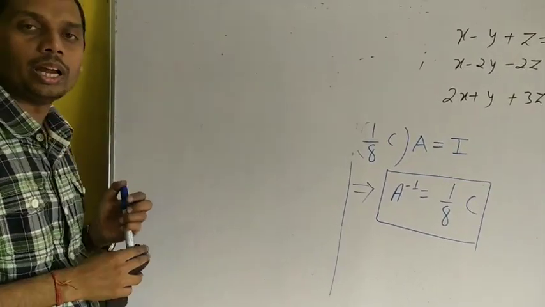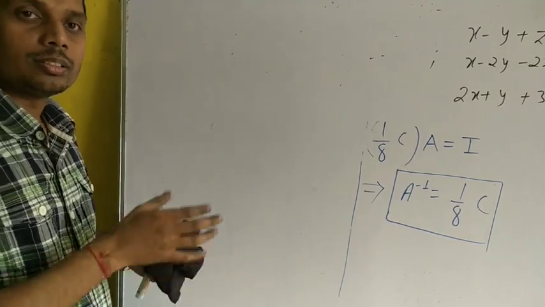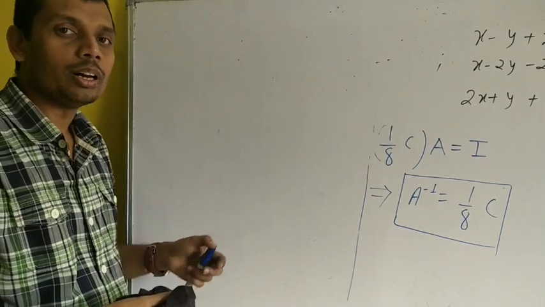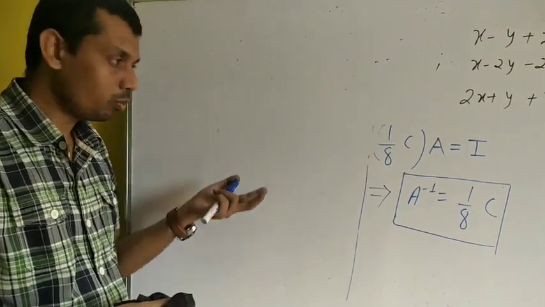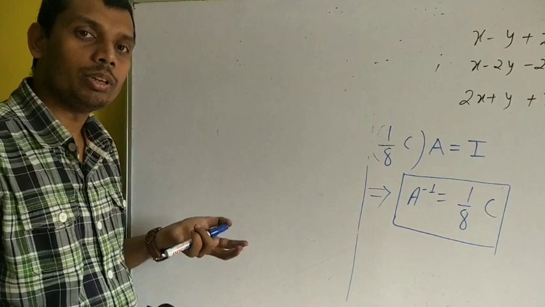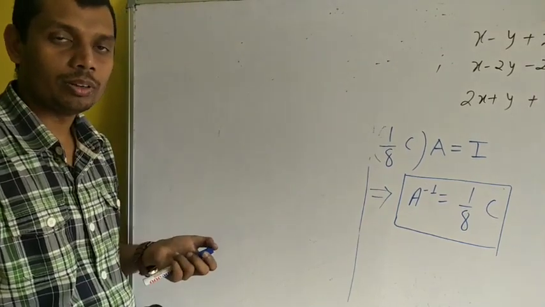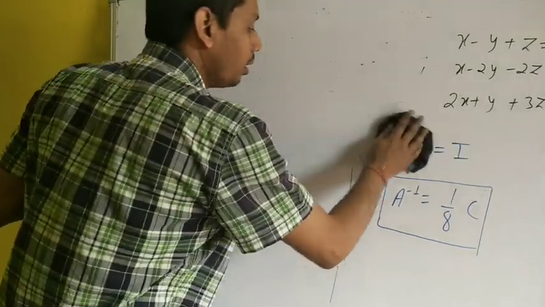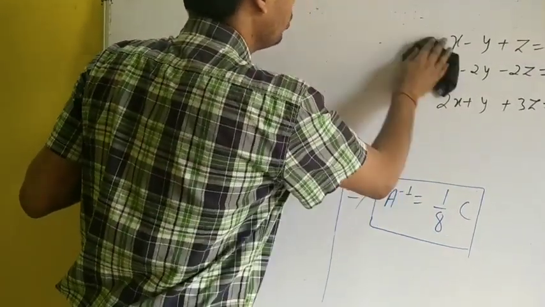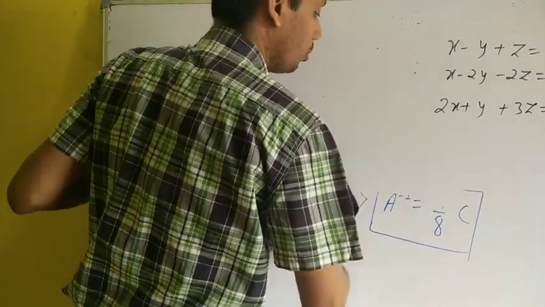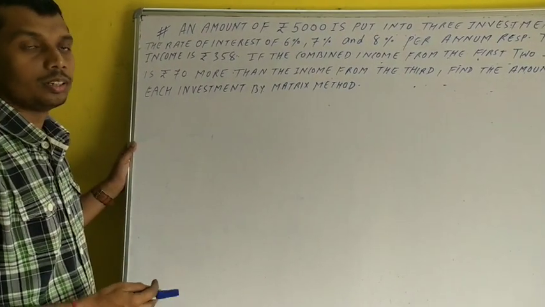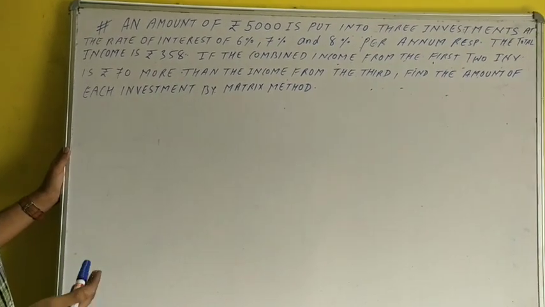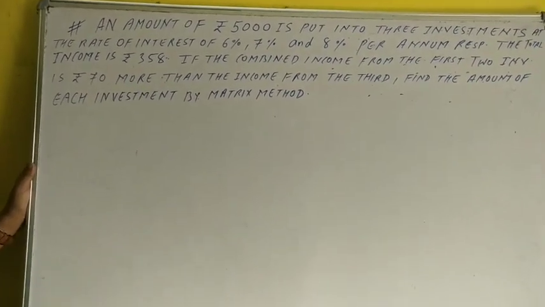What we do is construct the equation, frame the equation, and after that we apply the matrix process which we have discussed to determine the values of x, y, and z, or to solve the system of equations. Let us discuss one question of that type also. This is the third type of question which may be asked in your CBSE paper.